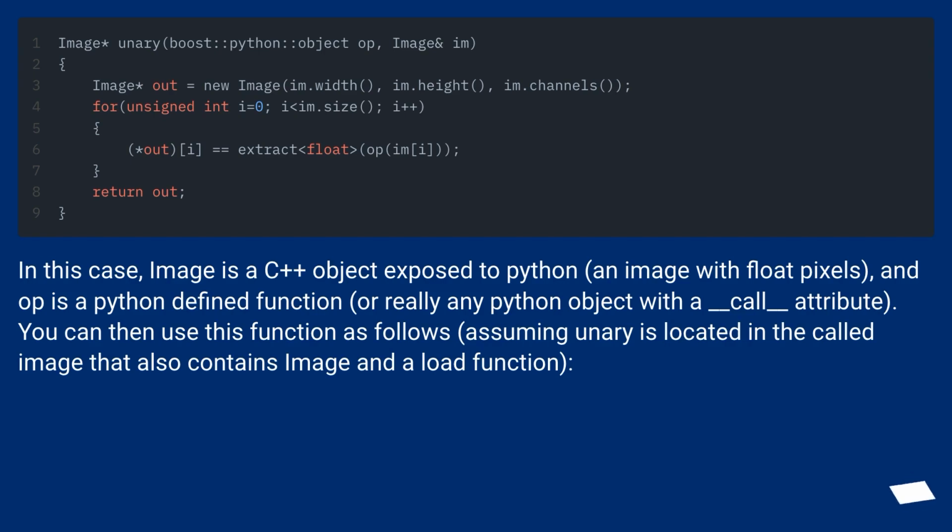In this case, image is a C++ object exposed to Python, an image with float pixels, and op is a Python-defined function, or really any Python object with a __call__ attribute. You can then use this function as follows, assuming unary is located in the module called image that also contains image and a load function.